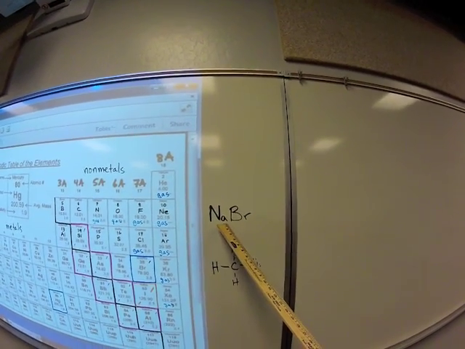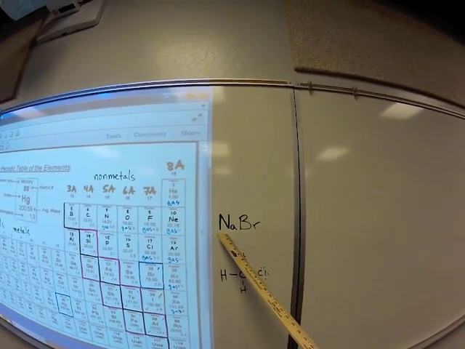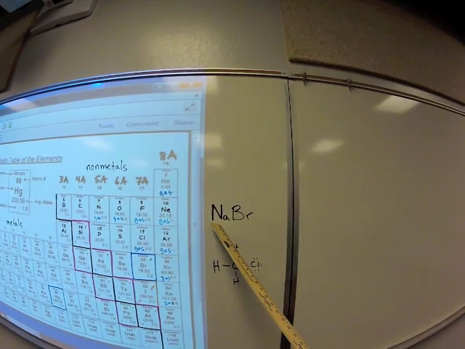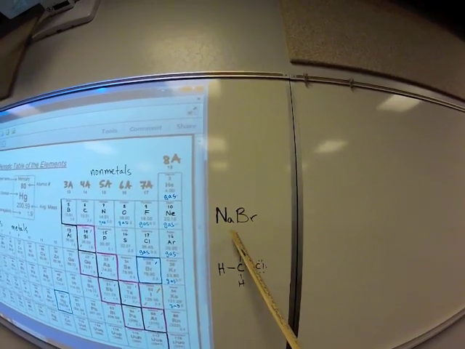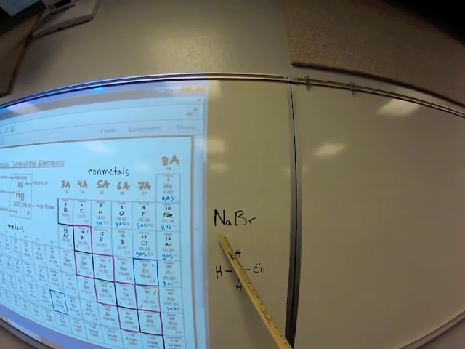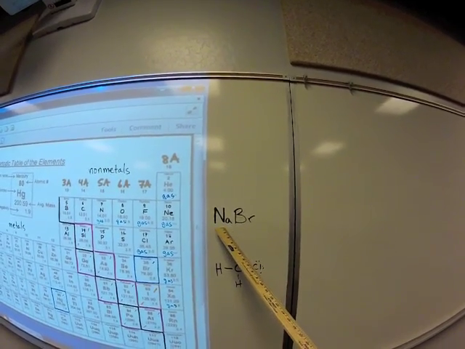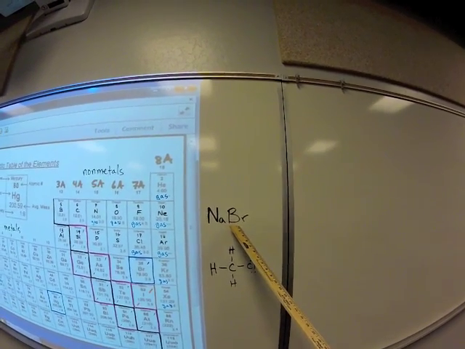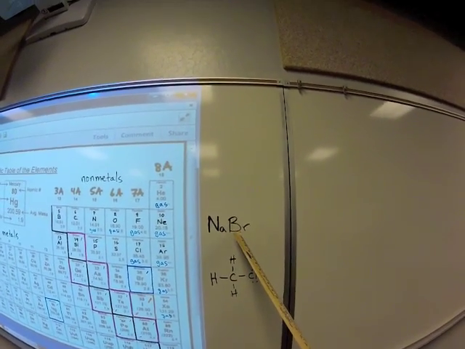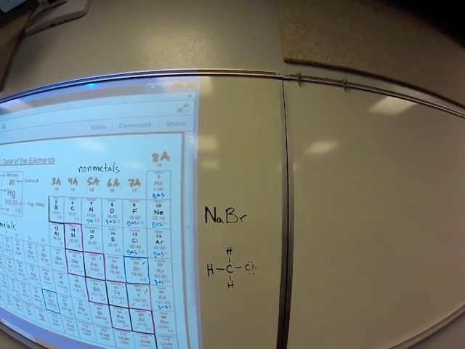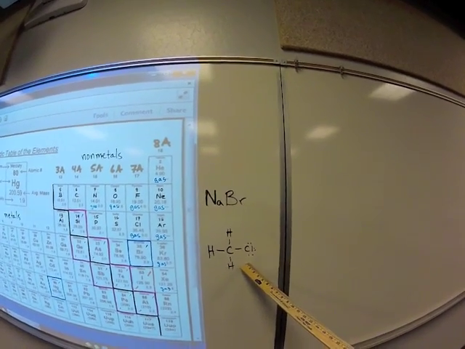They are withdrawn almost completely to the Br, forming Br minus, leaving the sodium completely ionized as Na plus, and it is the force of attraction between opposite charges that holds these two ions in an ionic bond. So Br is more electronegative than sodium. It has the capacity to attract electrons to a much greater level than sodium when the Br is combined with sodium in a bond.